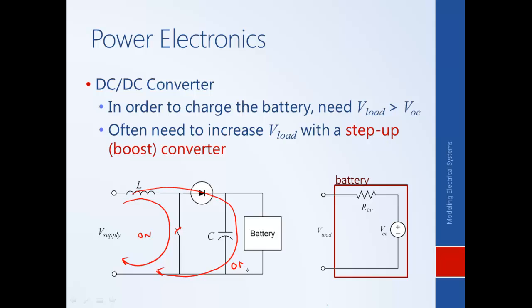This is called the off state, when the switch is off or open. When that is done, the energy that's been stored in the inductor is then released. And by opening and closing this switch, we can in essence change the average voltage across the battery in order to step it up.